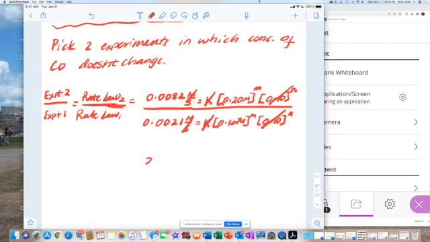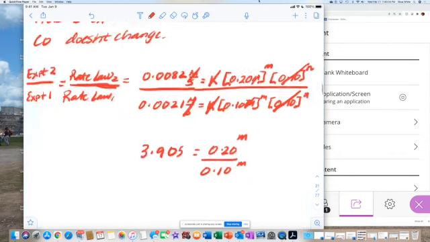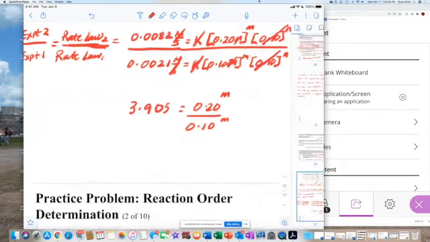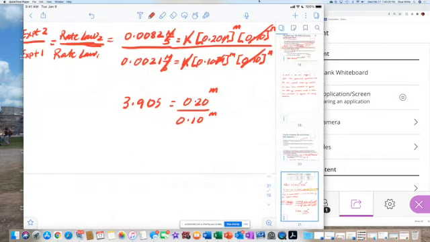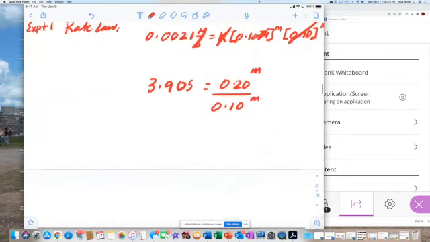So I got 3.905 equal to 0.20 to the power m over 0.10 to the power m. Oh, the exponent m is the same on both. There is a rule in math that says when you have numbers with the same exponents, you can consolidate them, right?